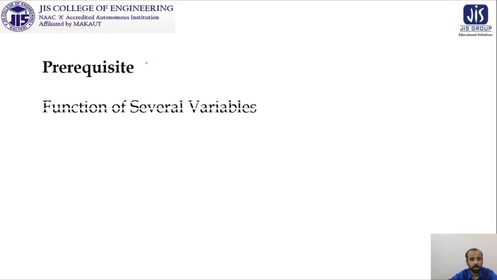First, we need the concept and various tools for functions of several variables, and then we also need the idea of partial differentiation. This partial differentiation will be used not only for the previous problems we have discussed, but also to verify Euler's theorem, which will be proposed in today's class.